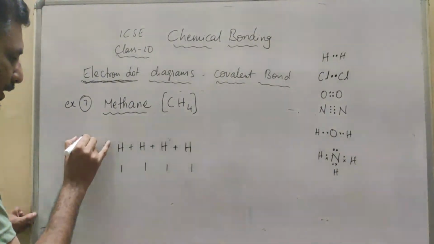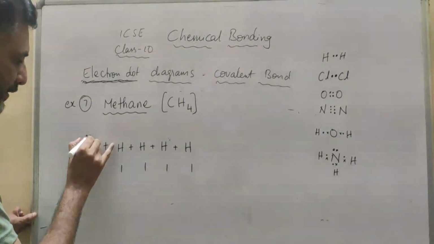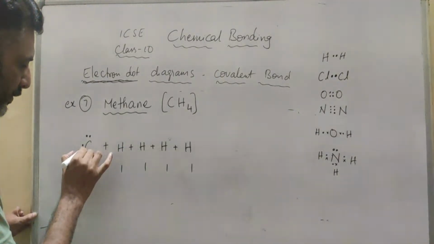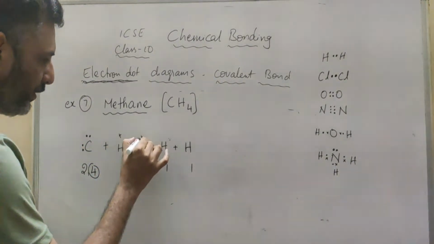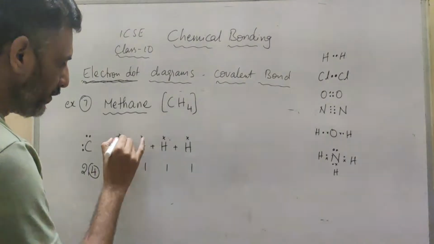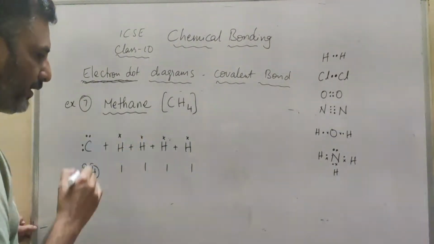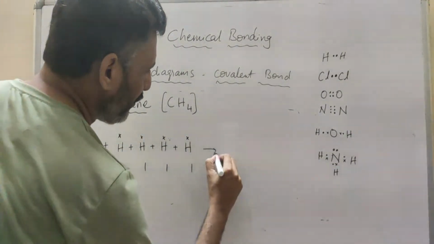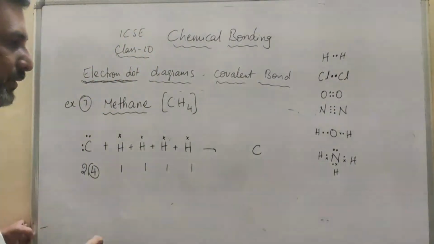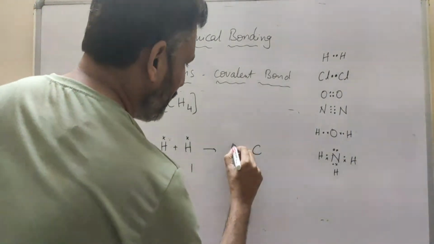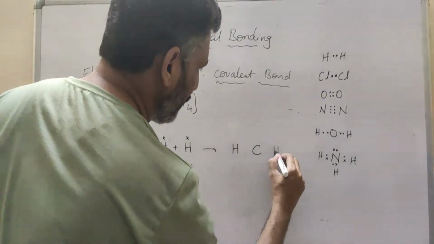So carbon will have 4 valence electrons, which we show here. Each hydrogen has only 1 electron. Since you have 1 carbon and 4 hydrogens, we keep carbon in the center, surrounded by 4 hydrogen atoms.